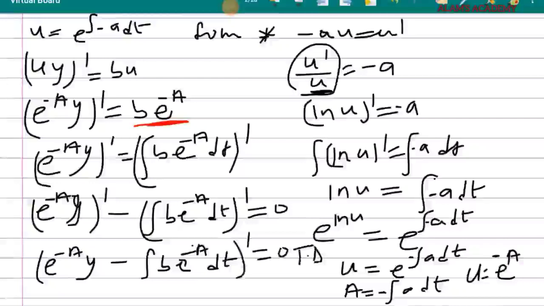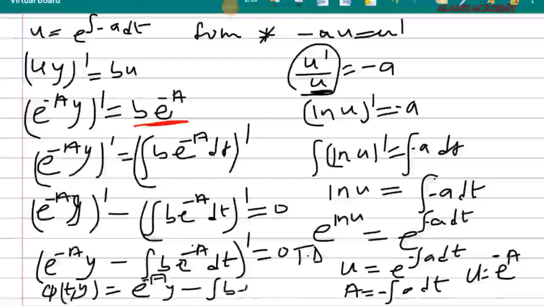Total derivative. I can go further to say that, if this is a total derivative, I can let q of t, y be equal to what is in the bracket, that is e^(-at) y minus the integral of b e^(at) dt, and this is what we call the potential function.